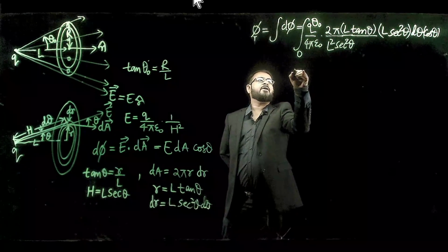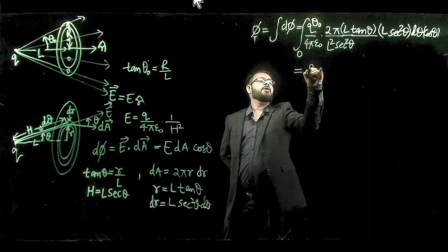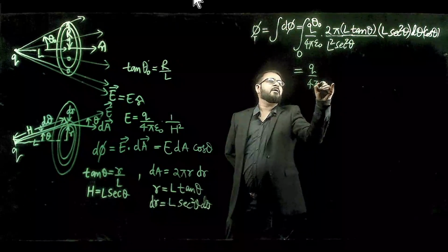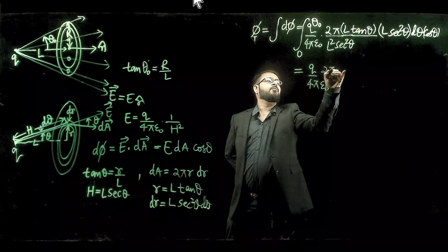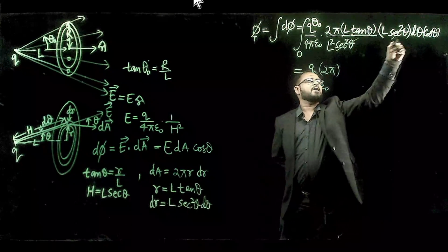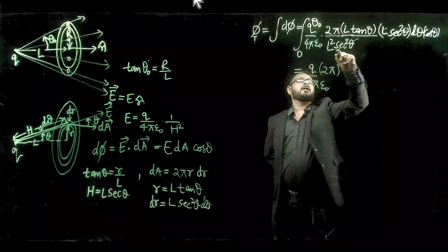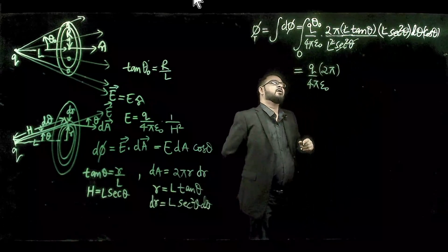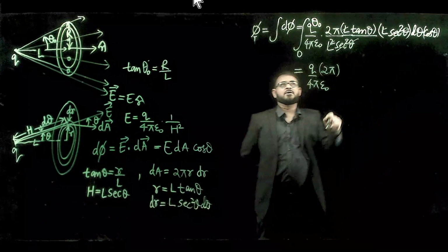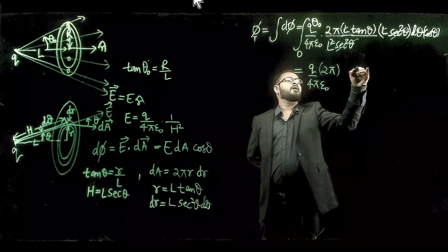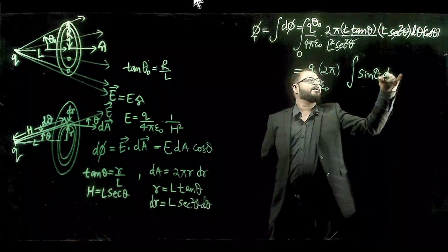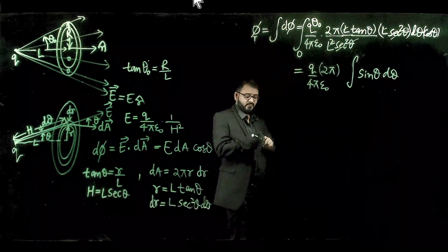Now, if we rewrite this term, we have Q by 4 pi epsilon naught, and then you have 2 pi. And a lot of terms will cancel. You see sec square, L square, right? And then tan theta into cos theta. This will become integral sine theta. Okay.